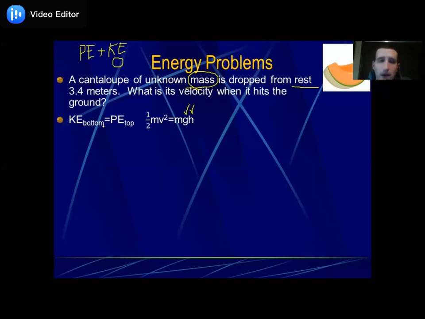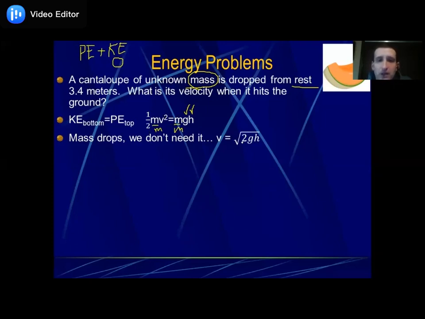Well, as we saw with the 65 kilograms of mass in the dropping off the ladder problem, when we were figuring out how fast I would go when I hit the ground, the mass drops out. The mass cancels out. You divide both sides by m, and the mass cancels on both sides. So we simply bring the 2 to the other side, and we take the square root.